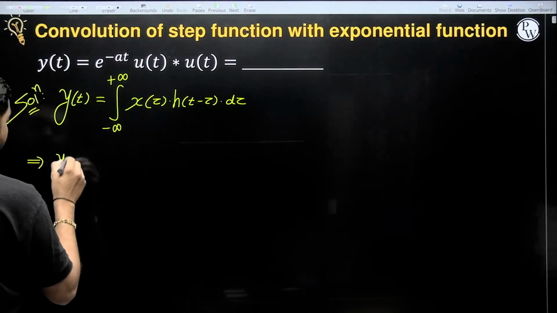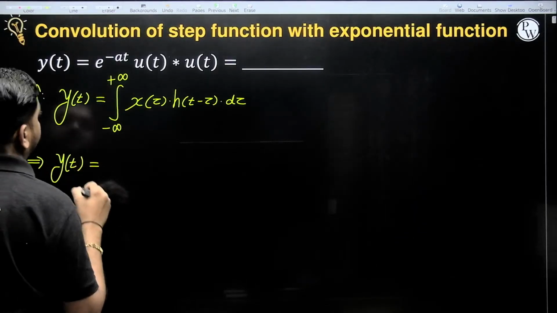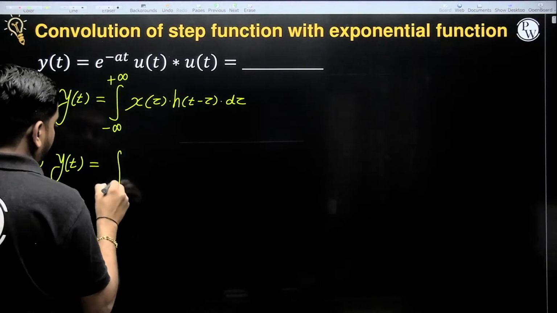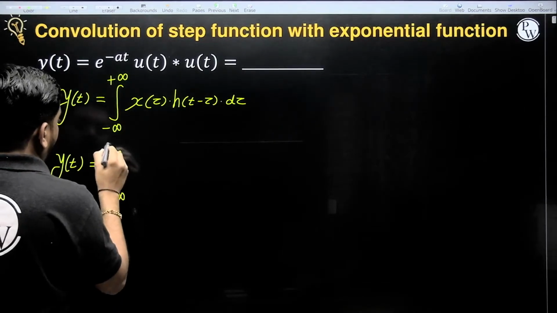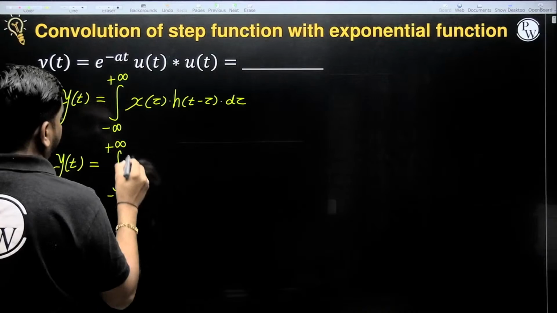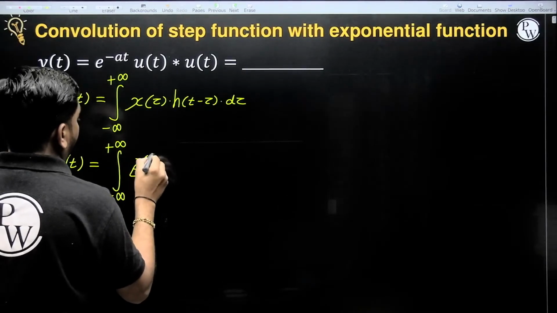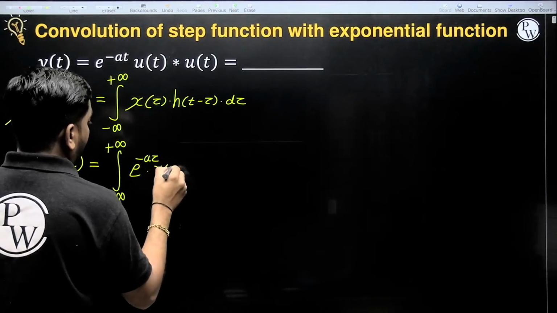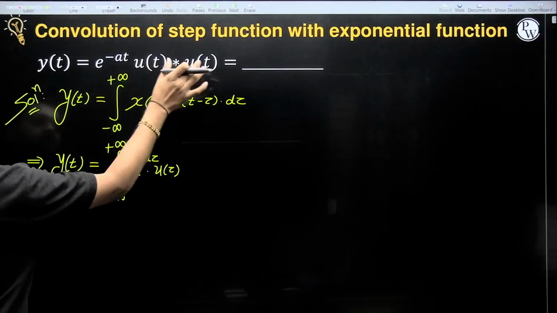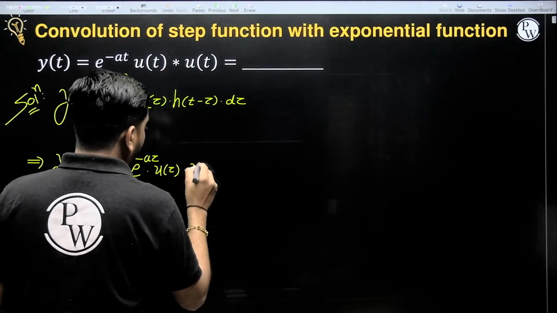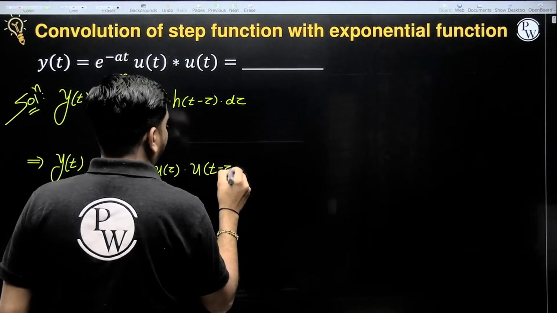Here y of t is integration minus infinity to plus infinity e to the power minus a tau u of tau, correct? This is x of tau and this is h of tau, that is u of t minus tau.